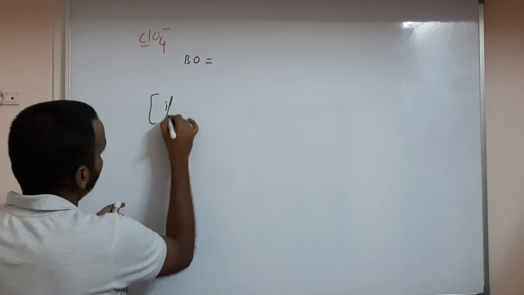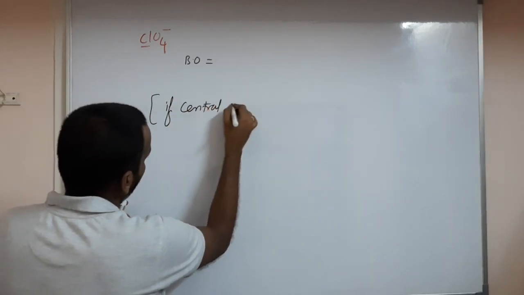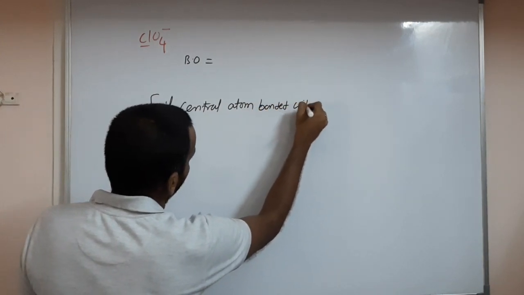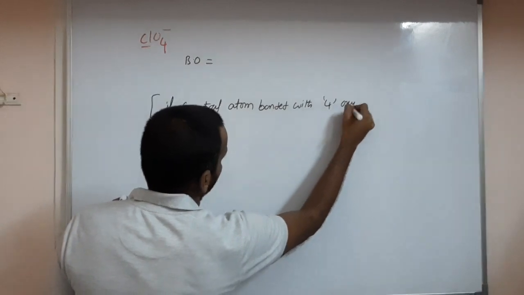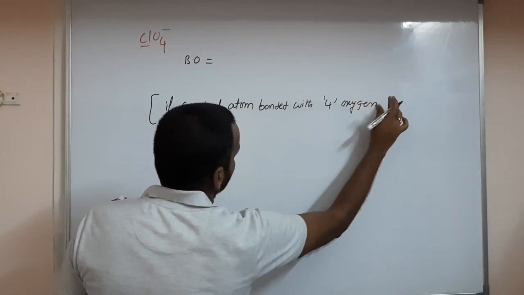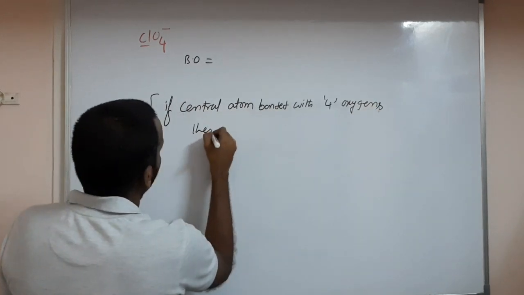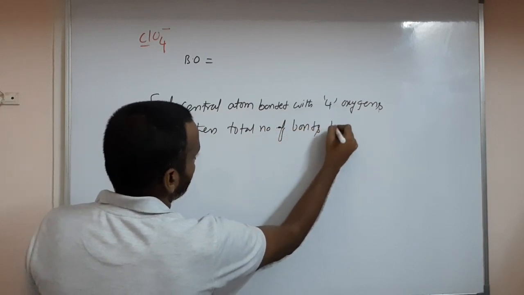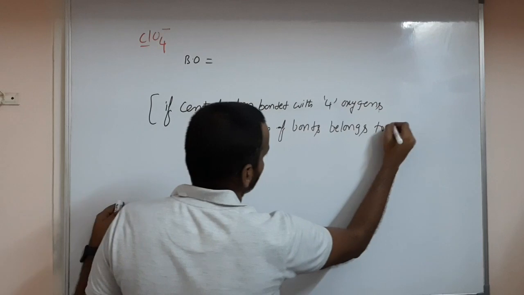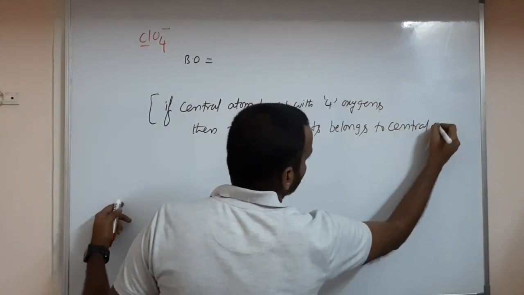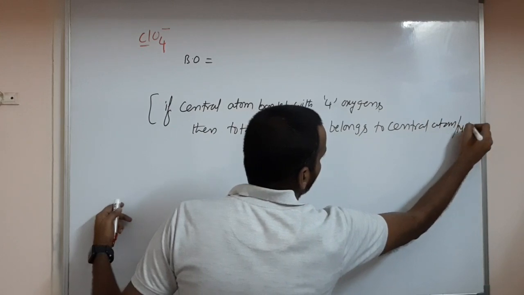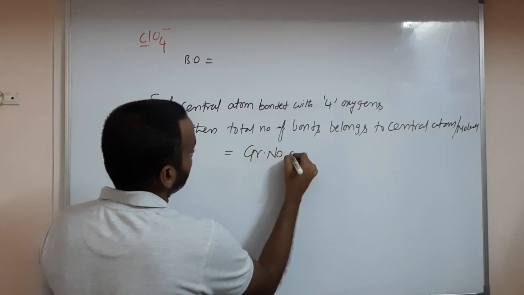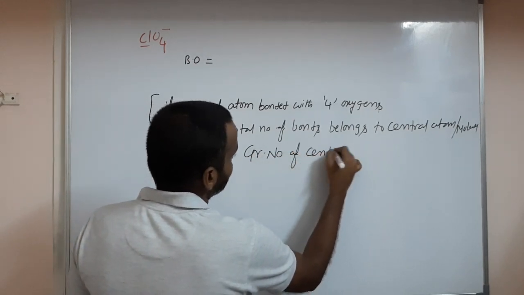Remember this trick: if the central atom is bonded with 4 oxygens, then the total number of bonds belonging to the central atom in the molecule will be equal to its group number.